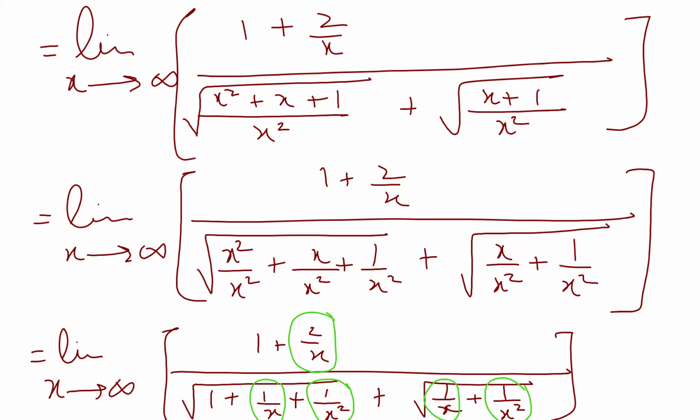What about the green colored terms when you put the value of x as infinity? 0. Correct. So this will be 1 plus 0 upon root of 1 plus 0 plus 0 plus root of 1 plus 0.